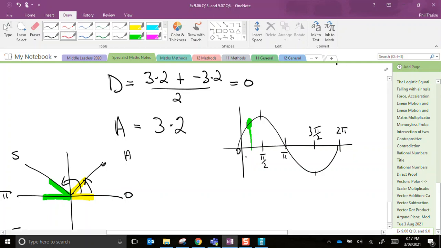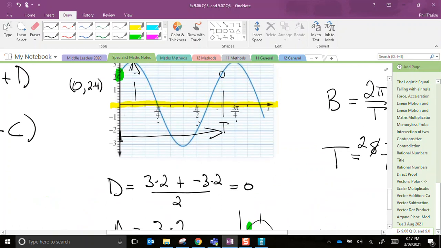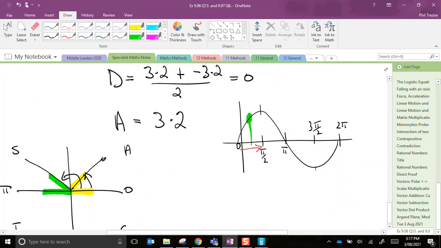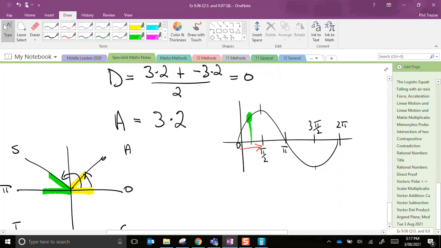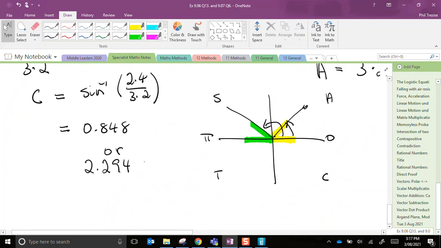Well, first quadrant runs from here to here. It's definitely first quadrant because the starting point on the graph we were given matches a first quadrant point on a standard sine graph. I will therefore reject the second quadrant answer and say that my phase shift is 0.848.